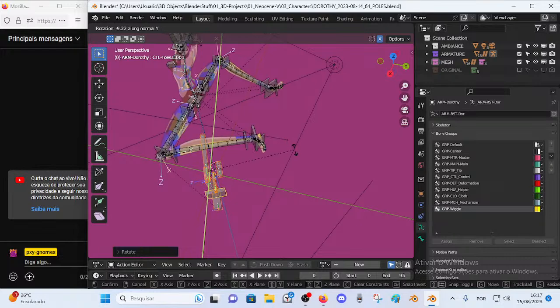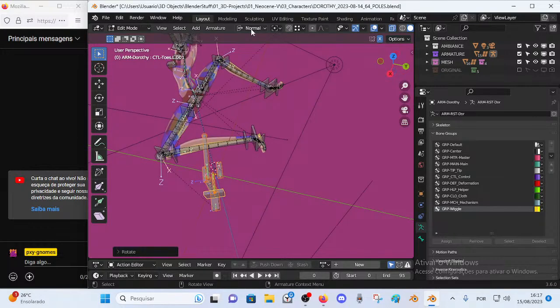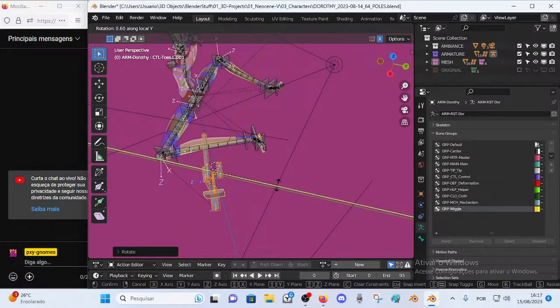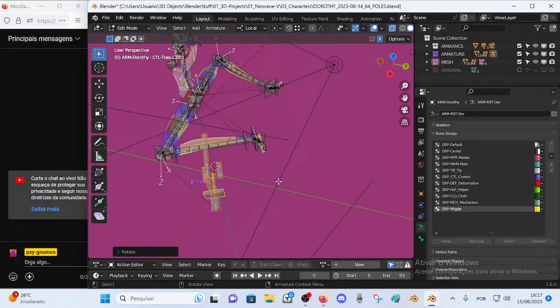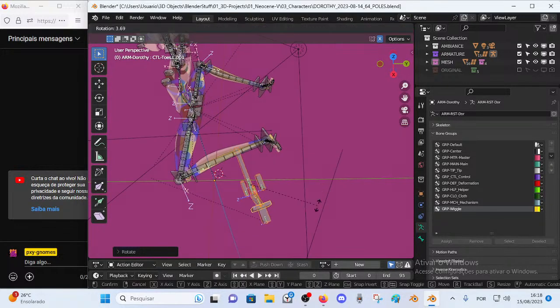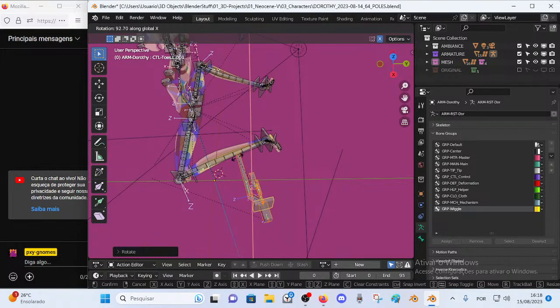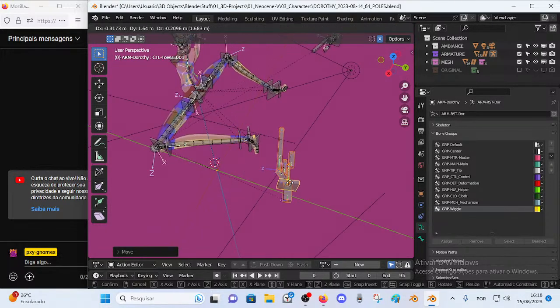So here, rotate on, I think, let's use the global then, or local, maybe it's local, yeah. Rotate on y-axis. No, local is being wrong, so okay, whatever. So rotate y-axis, rotate z-axis, rotate x-axis. Well, yeah, okay, so I'm using global.